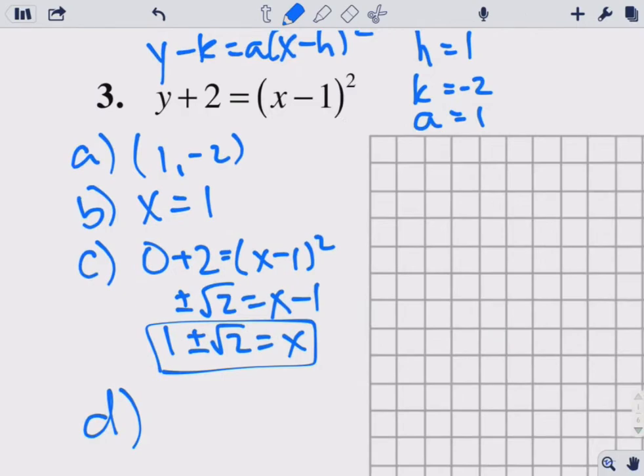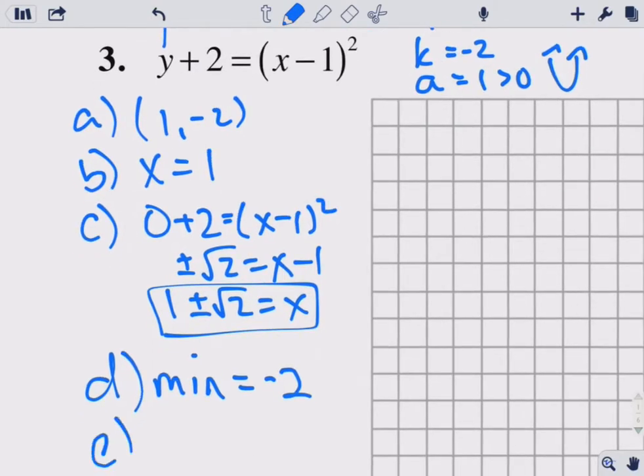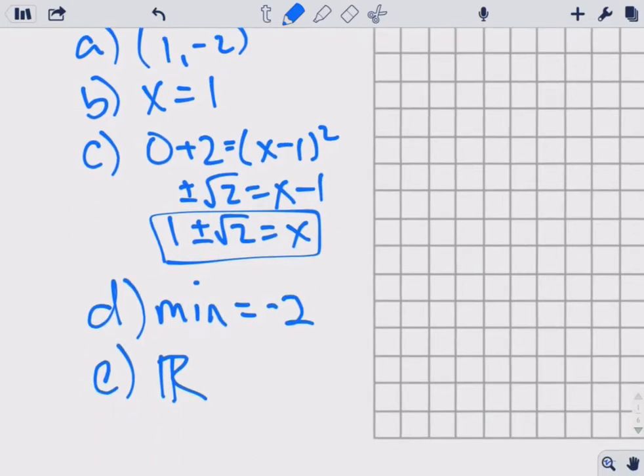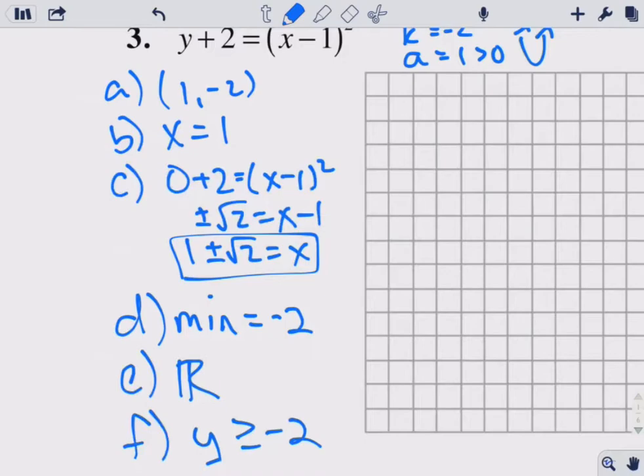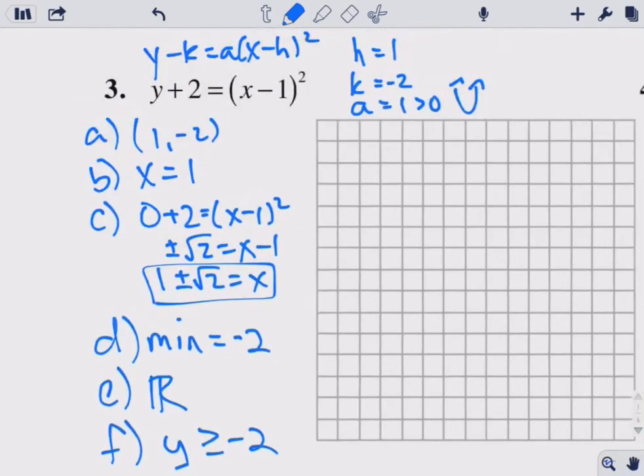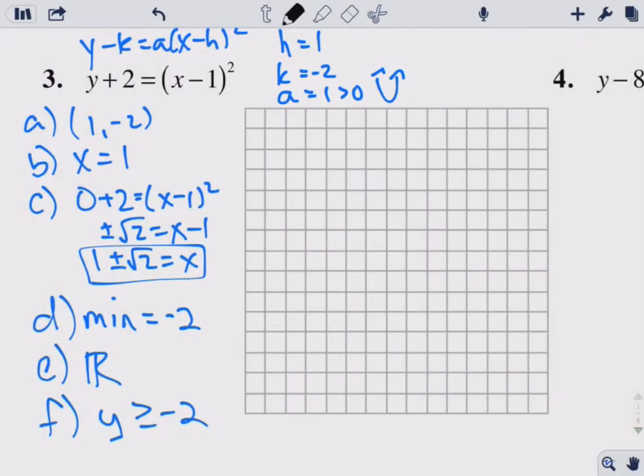A is positive, means it opens up, so that means it has a minimum equal to the y-coordinate of the vertex, negative 2. E, the domain, is all real numbers, and F, the range, it's a minimum, so y is greater than or equal to negative 2.